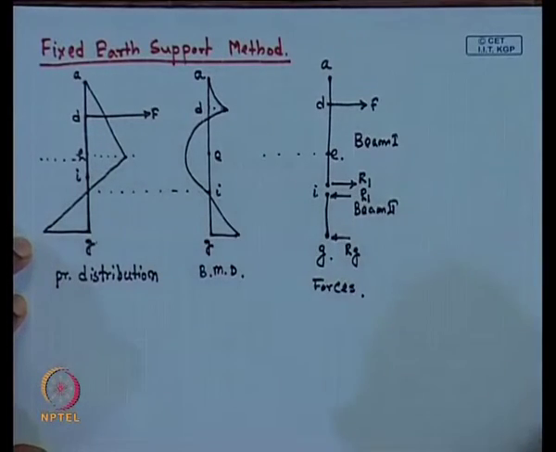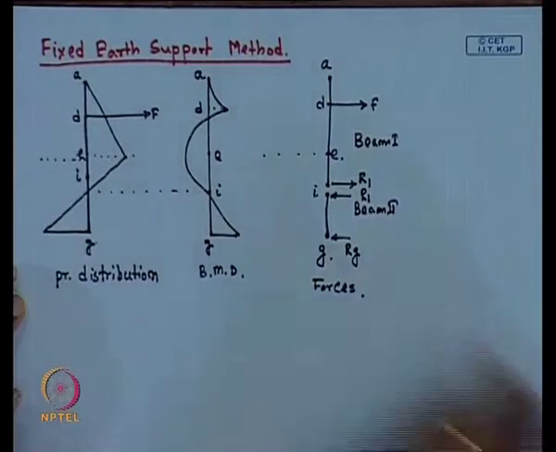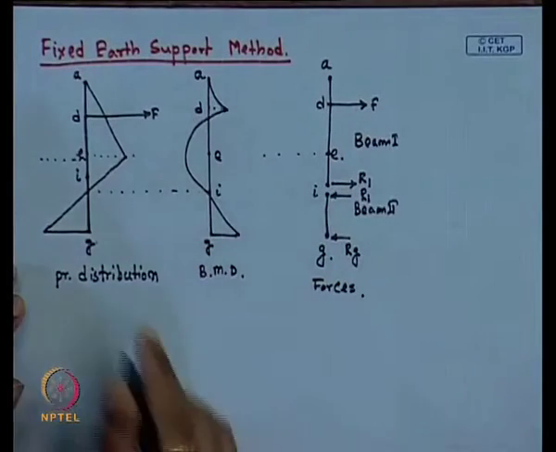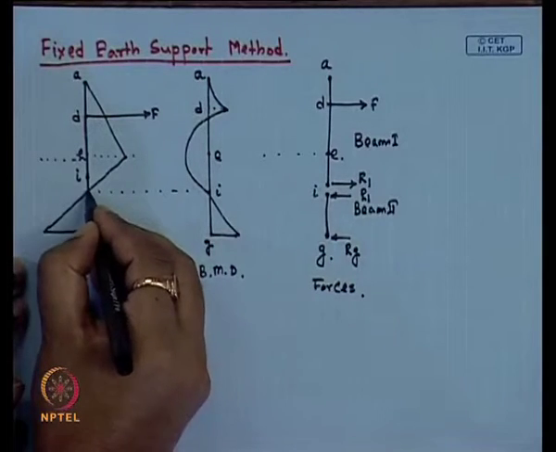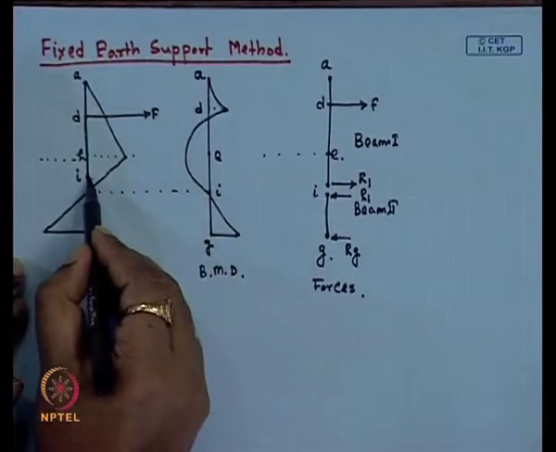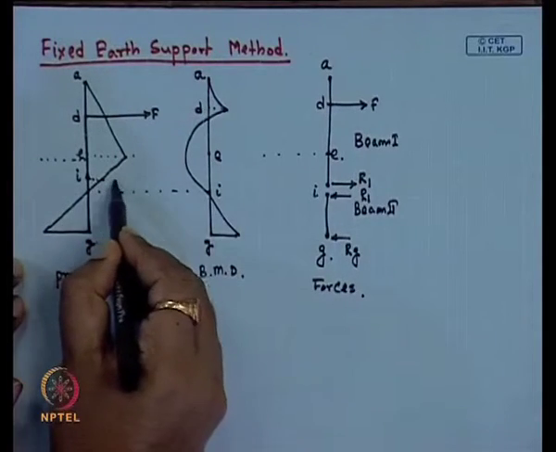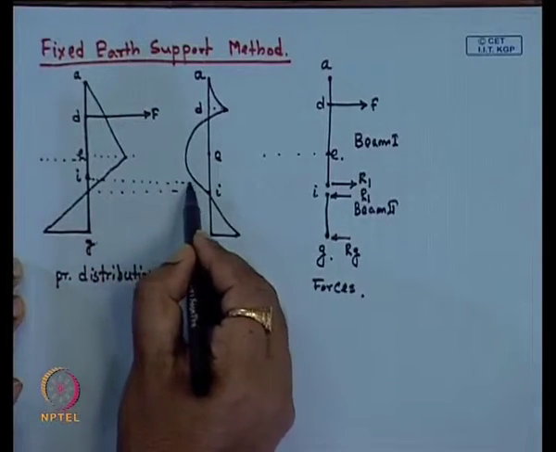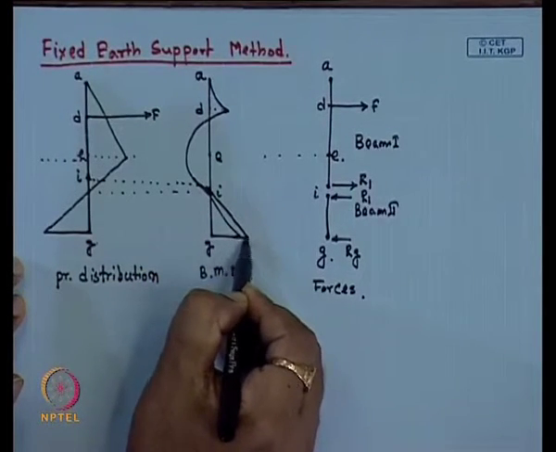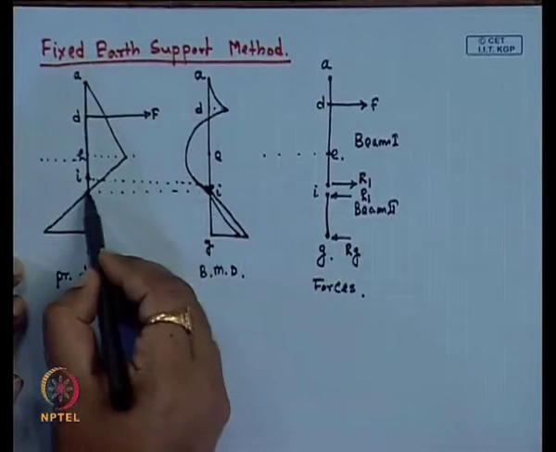Now, we have to start the design of this method. One thing that we can notice is that this is the I point where the bending moment is 0. So, this is the I point, not this one.